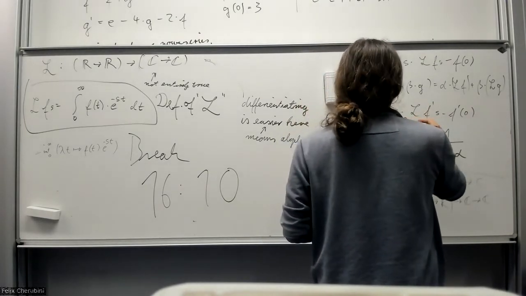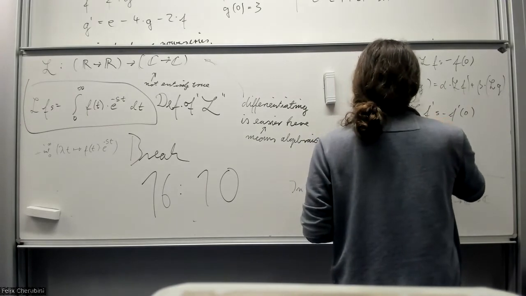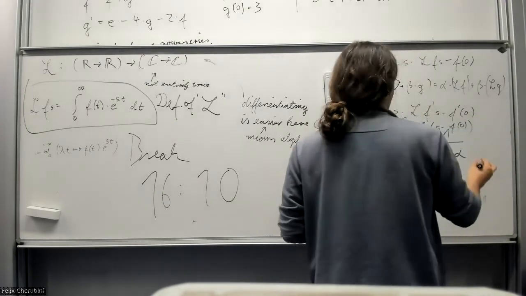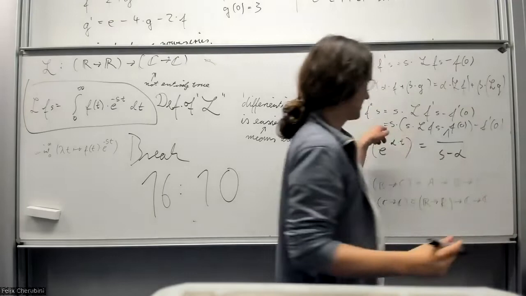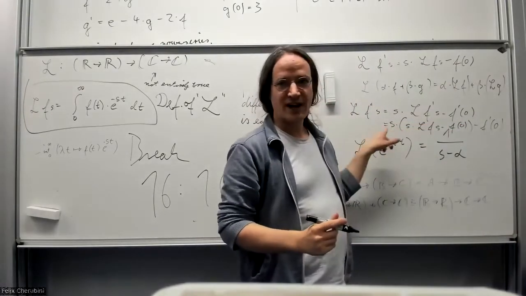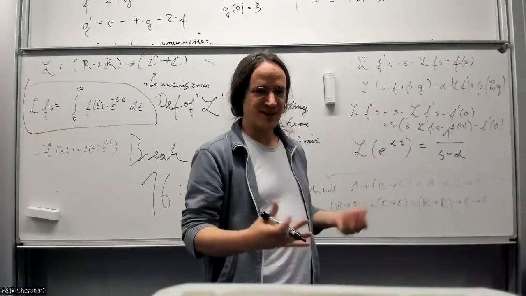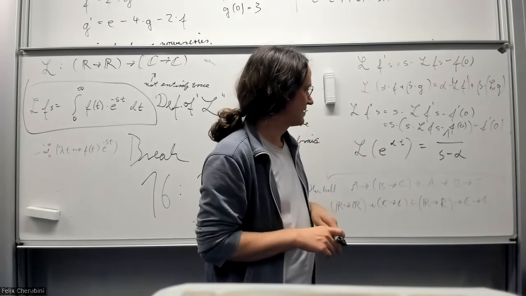So you have s times the Laplace of f of s minus f of 0, minus f prime of 0, and if you do the math here, then you will have the standard expression for the second derivative.